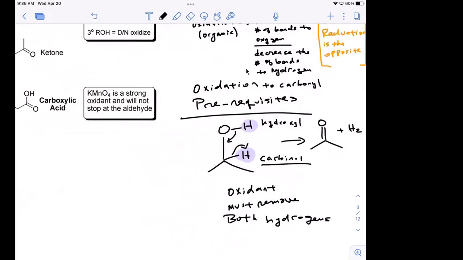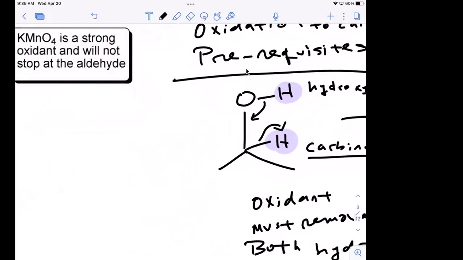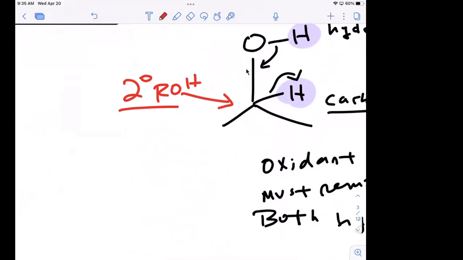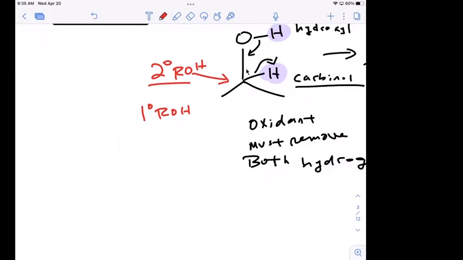So here you can see this is a secondary alcohol. I'm just going to abbreviate alcohol. If it was a primary, you could do the same thing if you had this OH. You can see again, I've got those two hydrogens that I can remove.